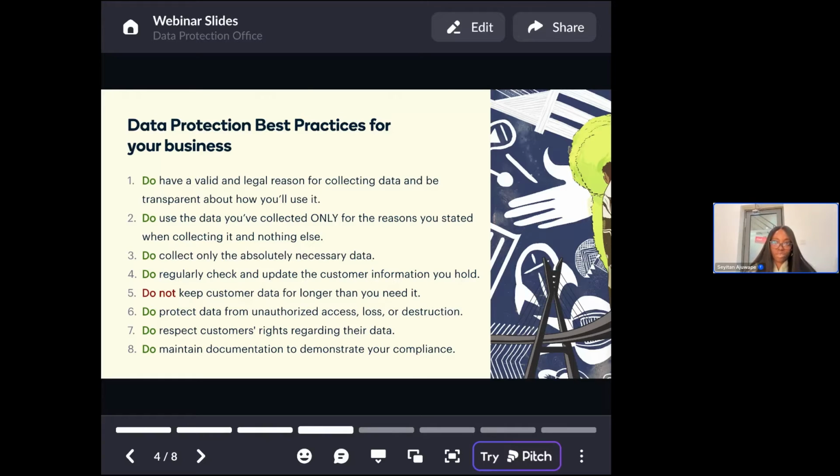Again, this will depend on the kind of business that you run, but in general, these records can include logs showing that your customers had consented to direct marketing, for instance, or they had consented to you processing their data, or it could be a record of all the processing activities that you undertake in your business. But just make sure that you're keeping records and you're maintaining documentation that shows that you're compliant with the data protection laws that apply to your business. All right, so moving on to the next slide.